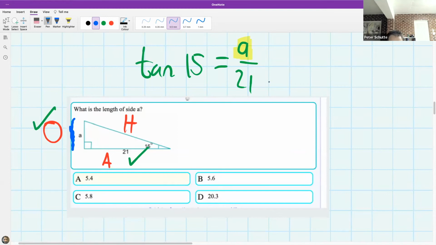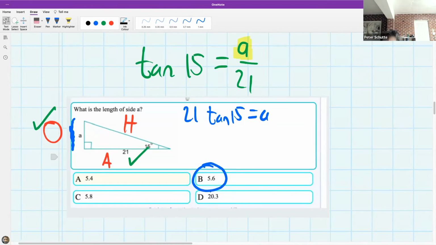And all we need to do is bring that 21 across. And so then we're going to get 21 times the tan of 15 is A, and 21 times the tan of 15 is going to be 5.6. And so it's going to be B.